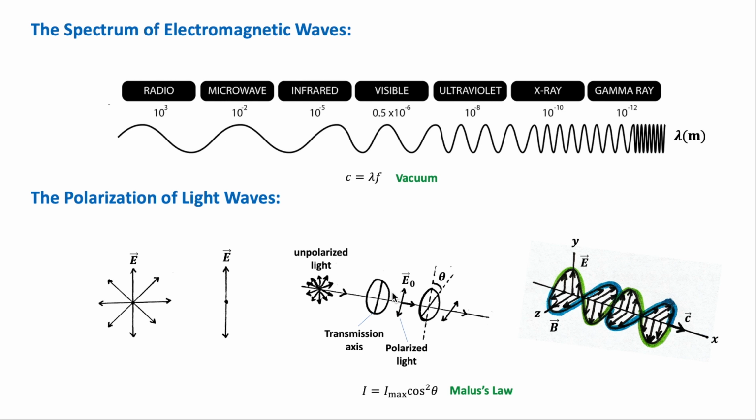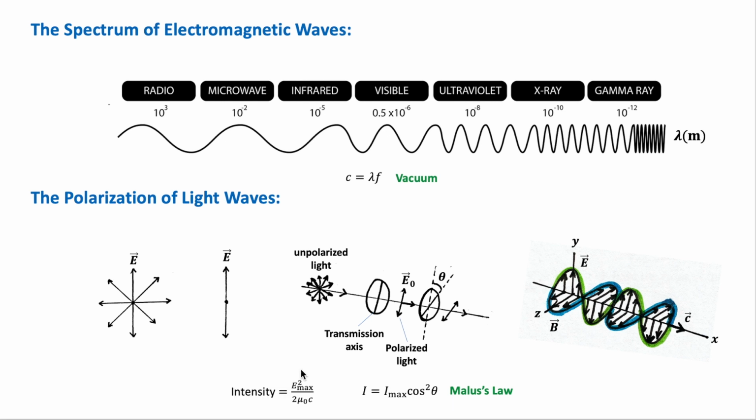Then the beam passes through a second polarizing sheet known as the analyzer, which has a transmission axis that is at an angle of theta to the axis of the polarizer. Okay? And so the component of E that is perpendicular to the transmission axis of the analyzer is completely absorbed, while the component that is parallel to the axis of the analyzer passes, and it is E naught cosine theta.